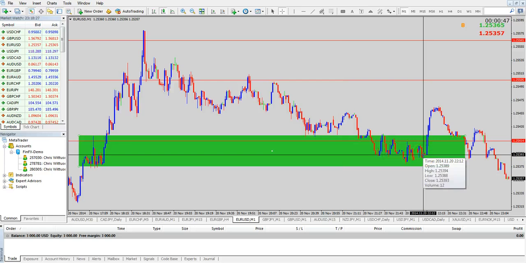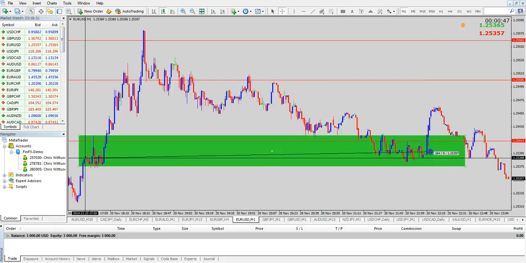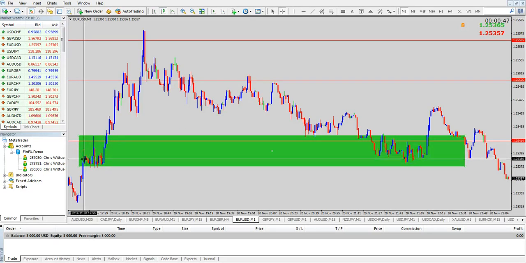Sorry, 248 minutes from here to here. So that means it went in here, came in here, 222 minutes when it came back in. Chances are it might come back in there.